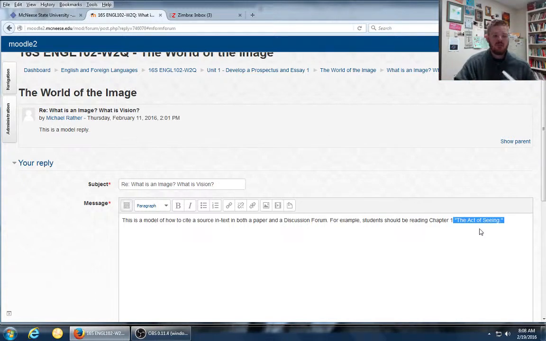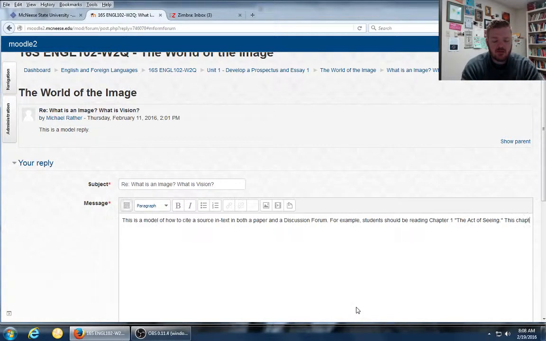Anytime you have a larger text, it gets italicized, and anytime you're citing a piece of a text, that gets placed in quotes. You know, something that has a subtitle, as in this case.